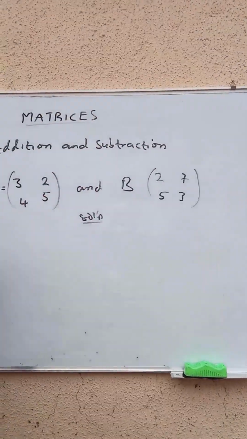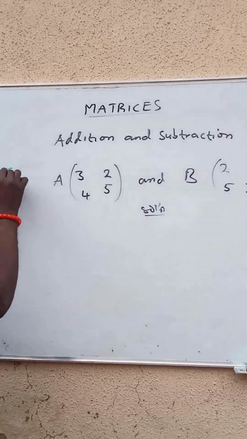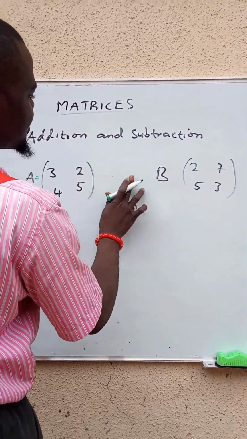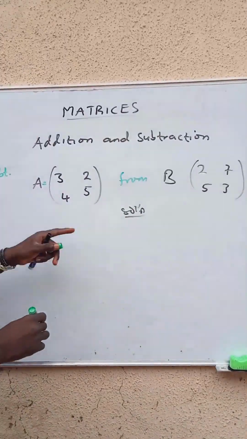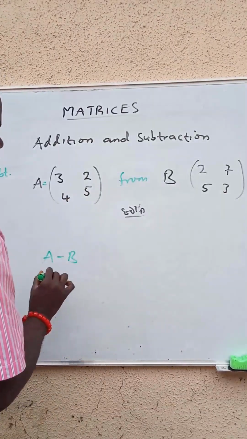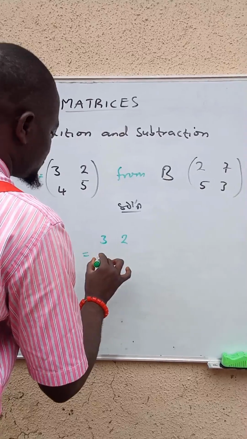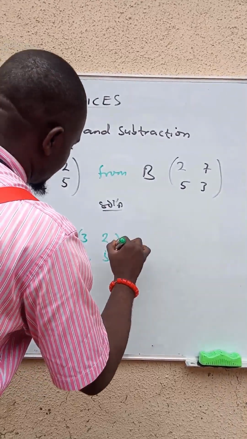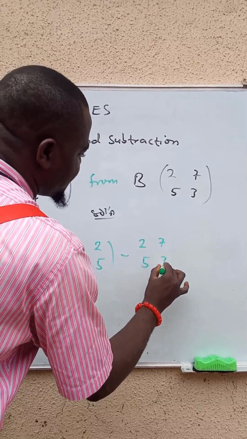Now you can say, okay, subtract matrix B from matrix A. If you have such a thing, what to do is A minus B. It is equal to 3, 2, 4, 5 in this way, minus the matrix B, which is 2, 7, 5, 3.